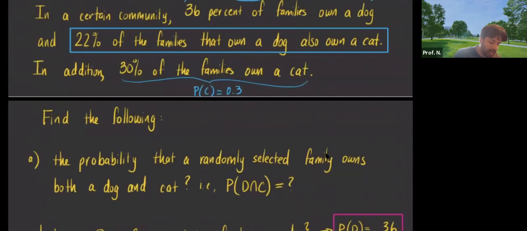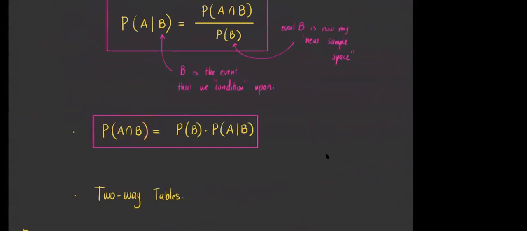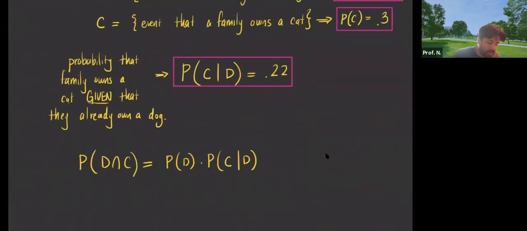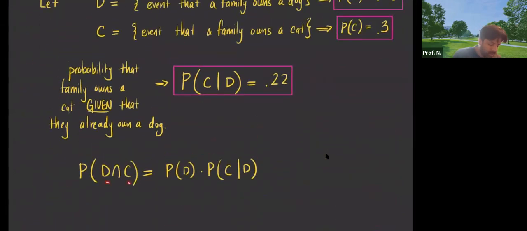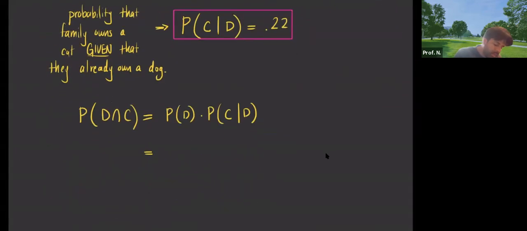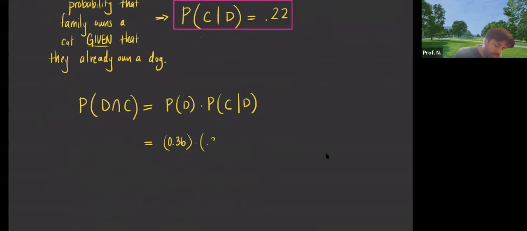You see how this is consistent with this formula? The probability that A intersects B is equal to the probability that B occurs, multiplied by the probability that A given B occurs. So in this case, the probability that D intersects C is equal to the probability that D occurs times the probability that C given D occurs. And we already know the probability of D occurring, it's 0.36. And then we already know the probability of C given D occurs is 0.22.